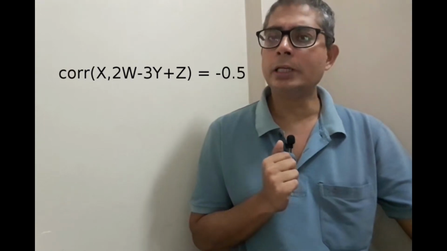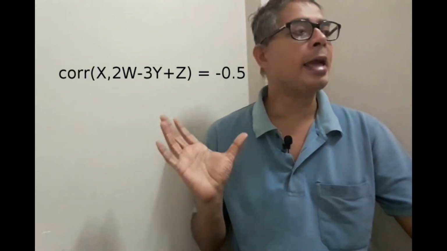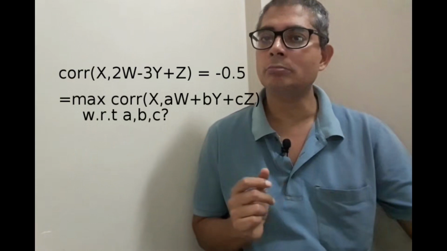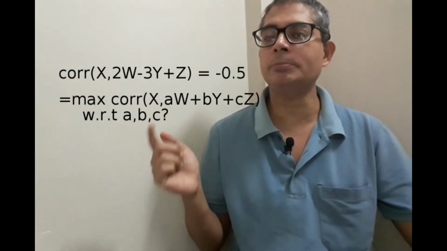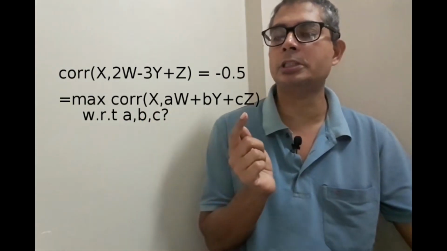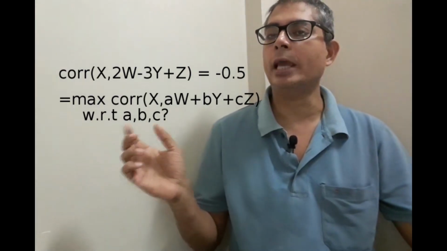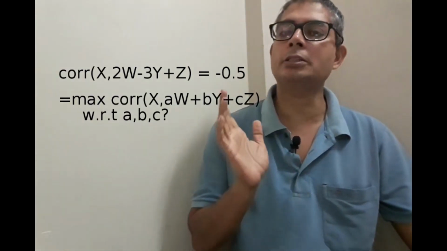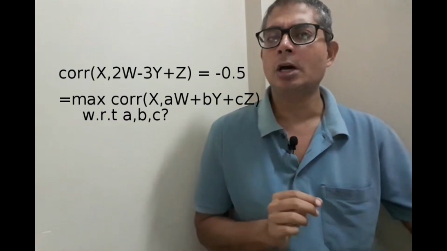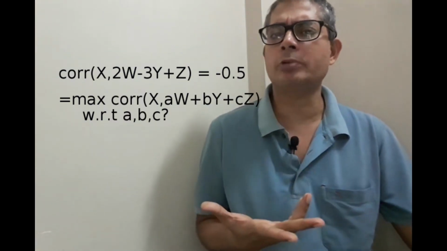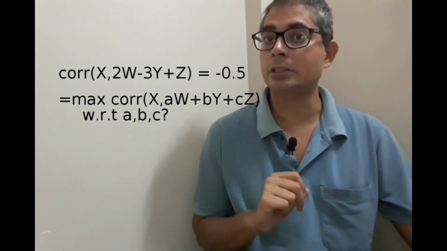Now, do you think that this is going to be the maximum possible correlation that you can actually achieve between x and any linear combination with respect to a, b, c? So, minus 0.5 is the maximum, or do you see some obvious way of increasing the correlation further?